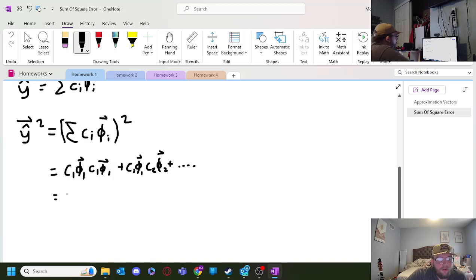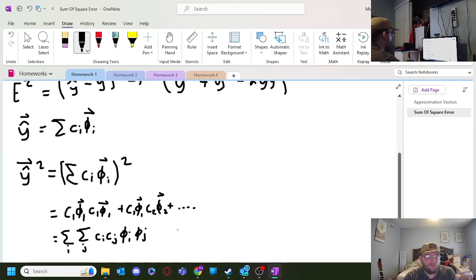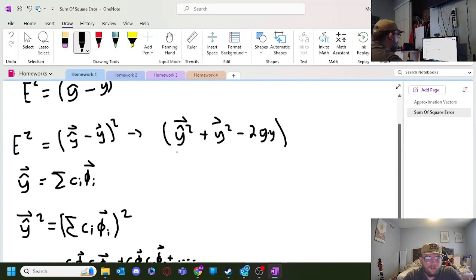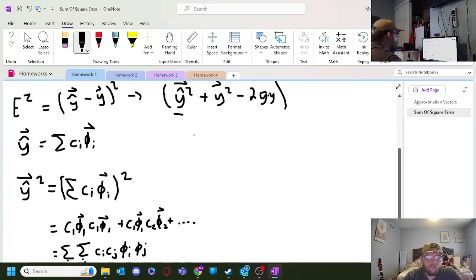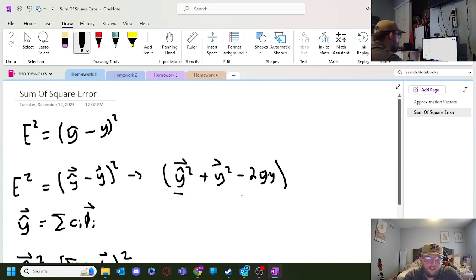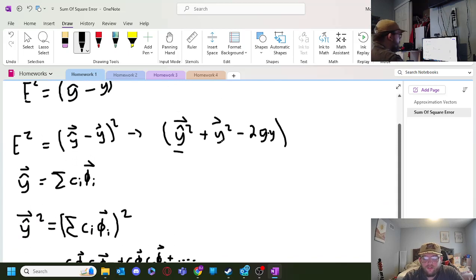So this can be rewritten as a double summation, c_i c_j phi_i phi_j. So that's what our model squared will look like. Now this is just magnitude squared, so we don't need to rewrite that out.